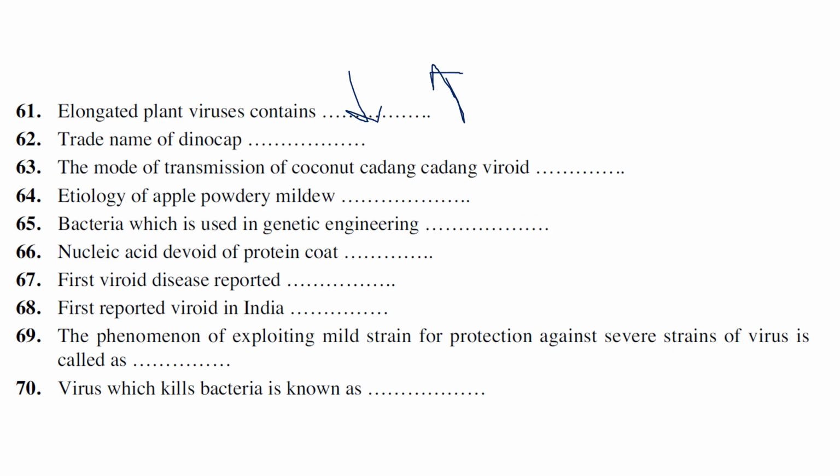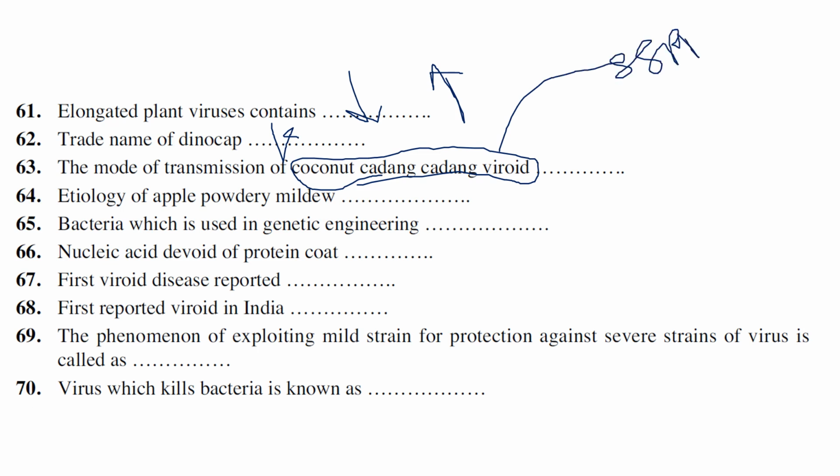This is elongated viruses. Okay, so trade name of dinocap. Karathane is the trade name of dinocap. Mode of transmission of coconut cadang-cadang viroid. So remember something about viroids. All viroids contain single stranded, positive single stranded RNA as the genetic material. So far there are 40 viroids that have been discovered.